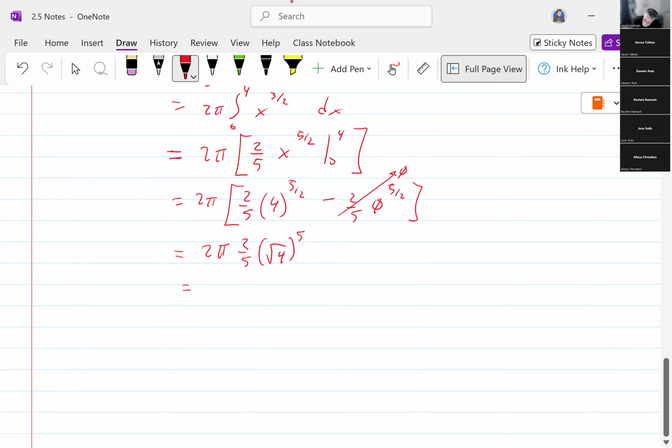So that guy is going to be the square root of 4 is 2. 2 to the 5th power is 32. So that's going to be 32 times 2, which is 64, times 2, which is 128. And that is in kilograms, because once again, we're finding the mass.